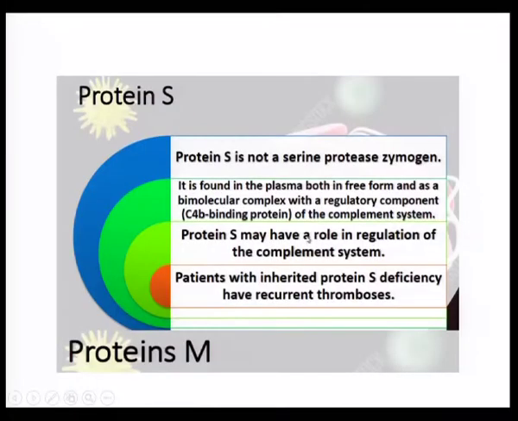Now when this goes out of control, you need to have a mechanism to put them back in place, and C4b binding protein is one such regulatory protein. So, you see there, it is found in the plasma both in free form and as a bimolecular complex with a regulatory component. So you get the point now. Protein S is a protein which has a role to play in regulating the complement system.